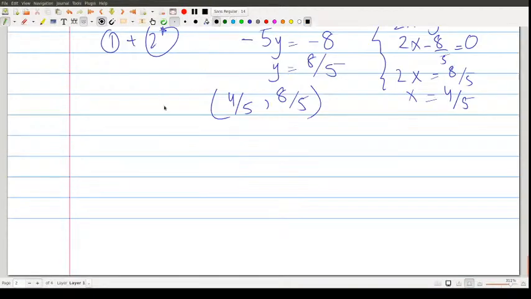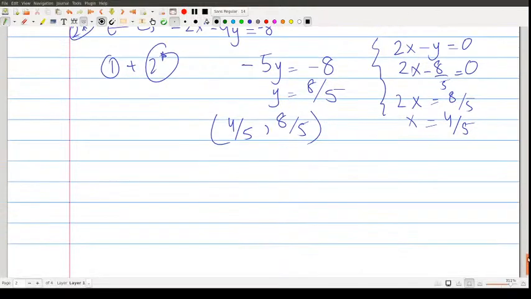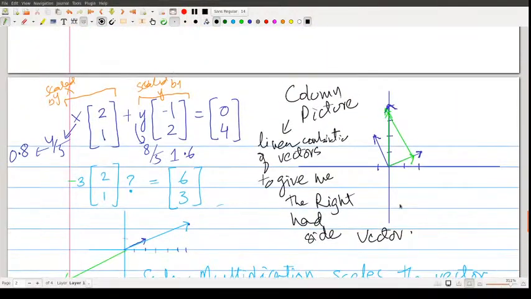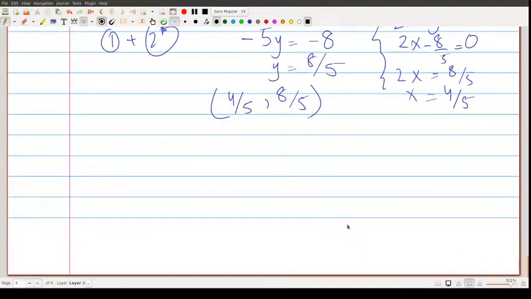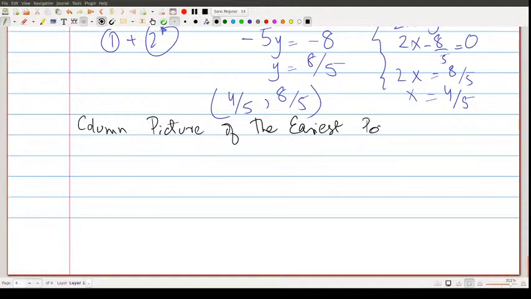Okay, so now by the way, this picture that we've just seen is not a new picture. This is a picture that you've already seen, made of some other vectors that you start off with plotting, right? So for example, let's look at the column picture of the easiest possible system of equations.